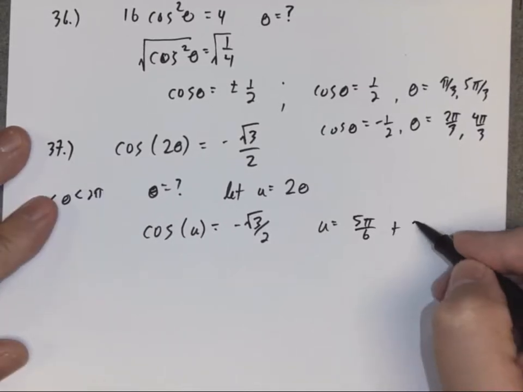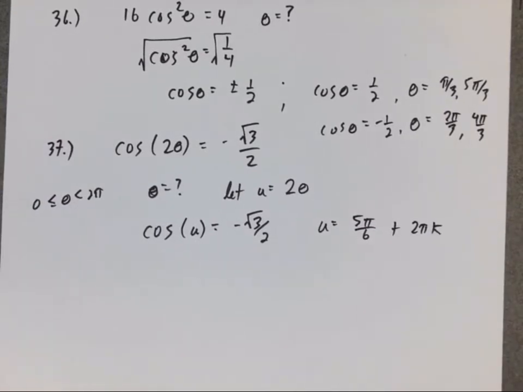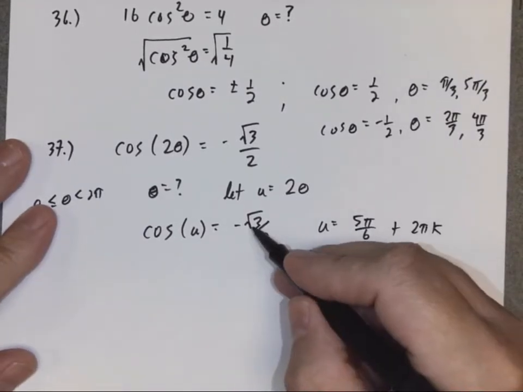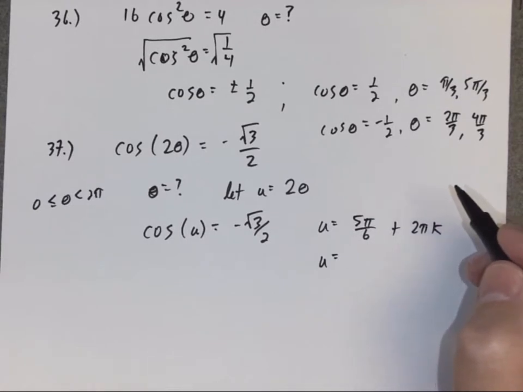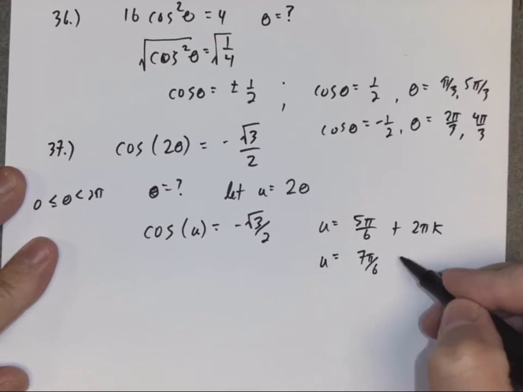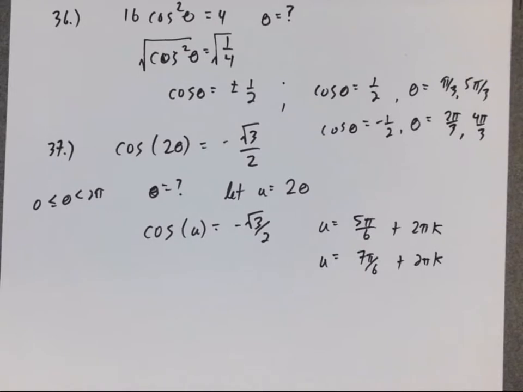So I'm going to go and add in 2 pi times k, right? Where k is 0, 1, 2, 3. But then I have a second angle because there's another angle that the cosine is negative square root 3 over 2. And that's actually 7 pi over 6. And once again, plus 2 pi k.